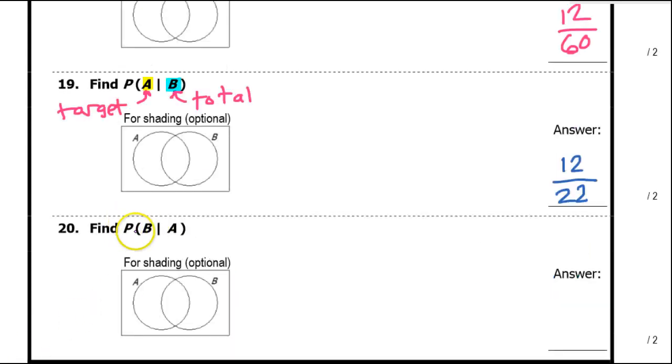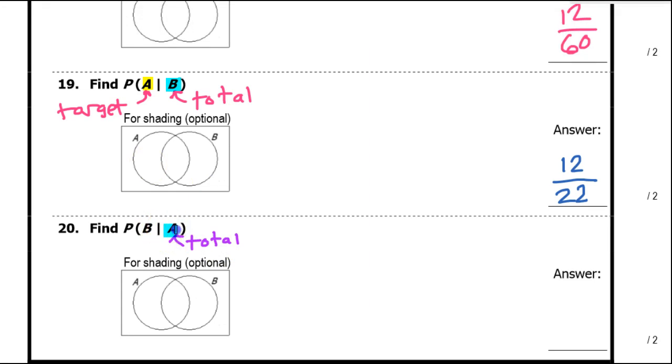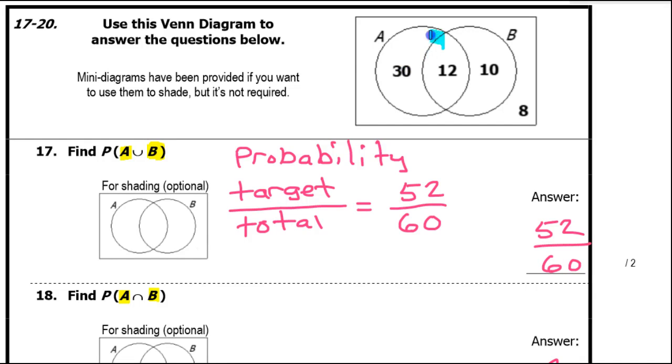All right, now we have the probability of B given A. Well, it's going to be kind of the same thing. The given is always going to be the new total. So start with that. That means A is the new total. So let's look back at the big picture. And so here's A, so that means this is the new total.